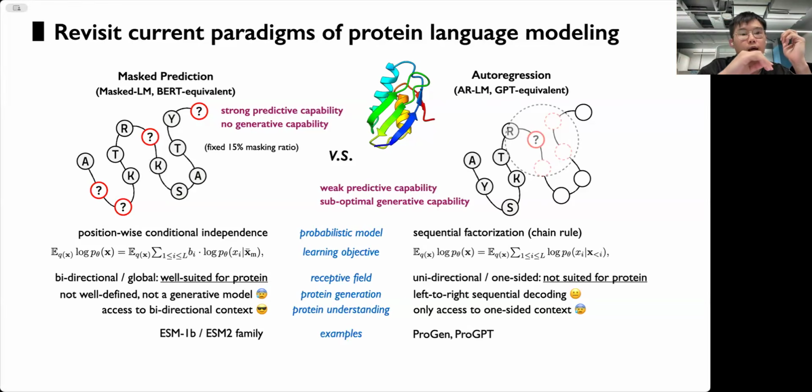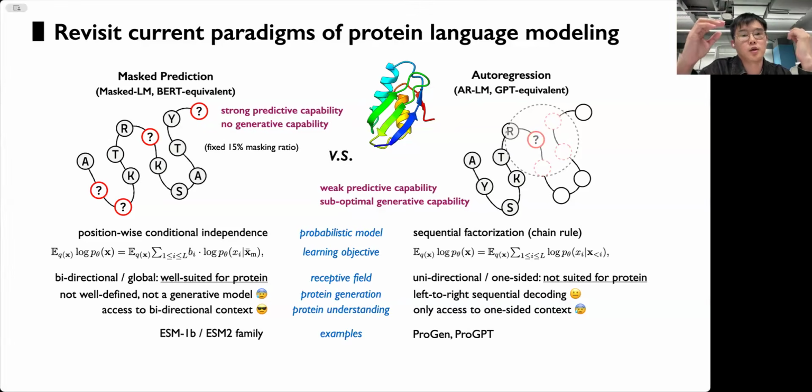autoregressive models perform not satisfactorily in generation and in predictive tasks.